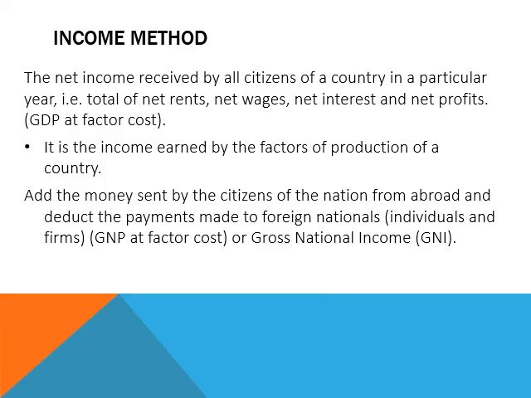So this is actually the definition of GDP at factor cost. The cost of labor is wage, the cost of land is rent, the cost of capital is interest, the cost of management is profit. Add the money sent by the citizens of the nation from abroad and deduct the payments made to foreign nationals.